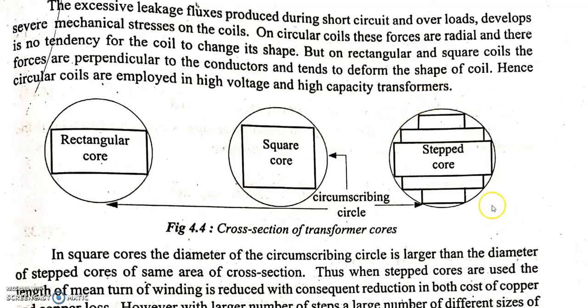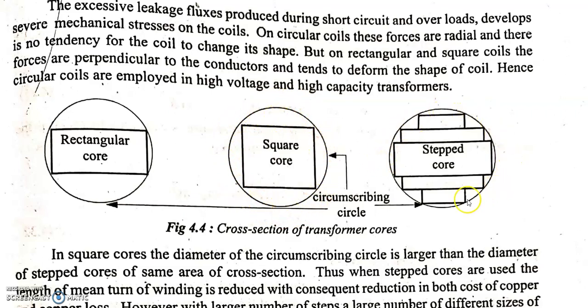Another comparison is with respect to square core and stepped core. In a square core, the diameter of the circumscribing circle will be more as compared to the diameter of the circumscribing circle of the stepped core, and hence if the diameter is more, the mean length of the turn will be more, so the amount of copper will be more in a square core transformer.